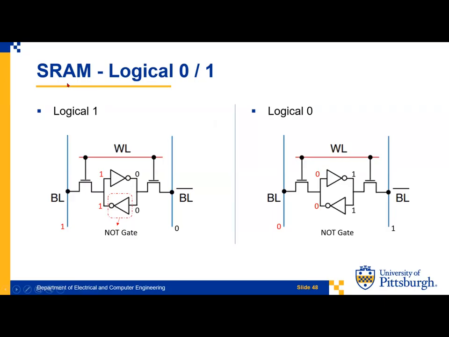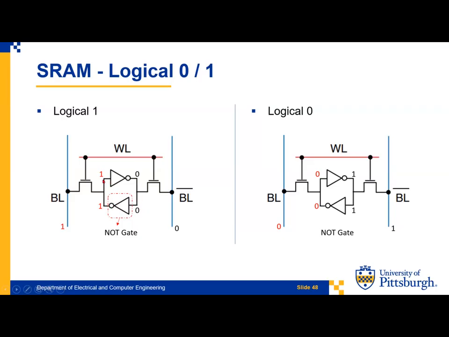And this slide shows an example. Use the SRAM to represent logical 0 and 1. The SRAM cell has two NOR gates, right? We can know that because here is a NOR gate cycle connection.